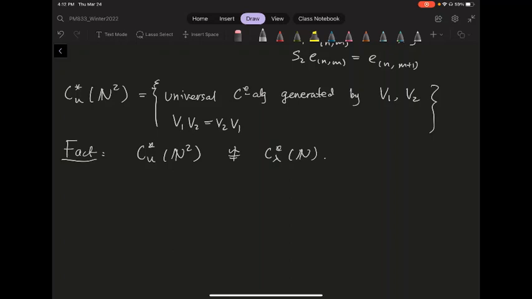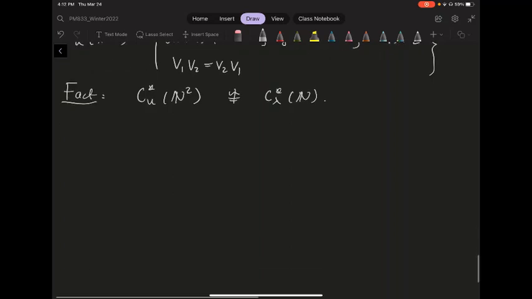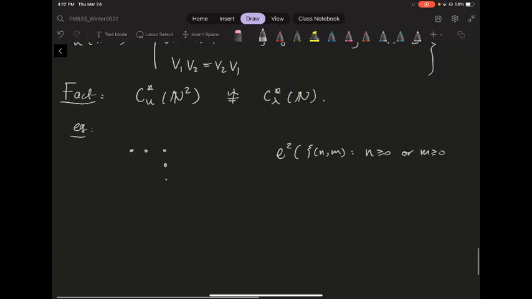So there are some other representations. Maybe I'll just give you an example. Consider the L2 space over all (n, m) where n is greater than or equal to 0 or m is greater than or equal to 0. So you think about this as your space.